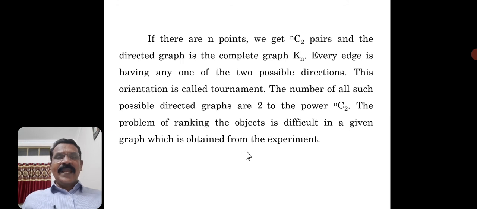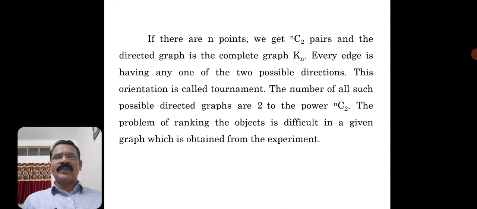We took one example with 3 objects. In general, if there are n points, we get nC2 pairs, and the directed graph is the complete graph Kn. Every edge has any one of the 2 possible directions. This orientation is called a tournament.